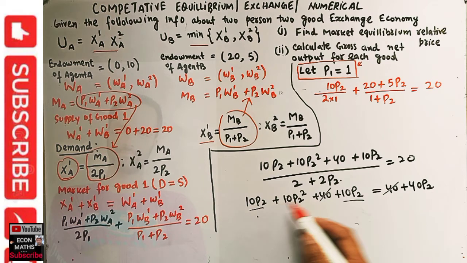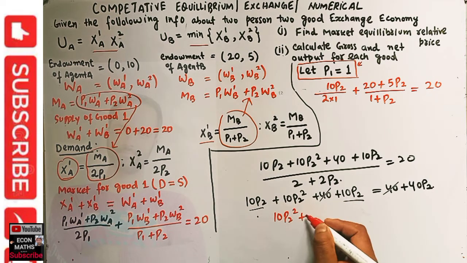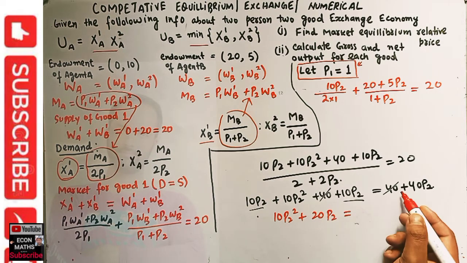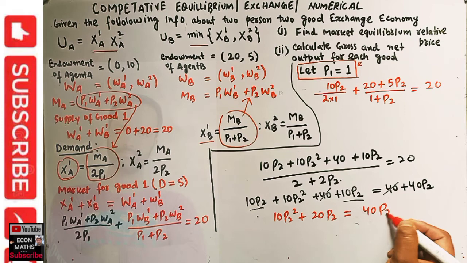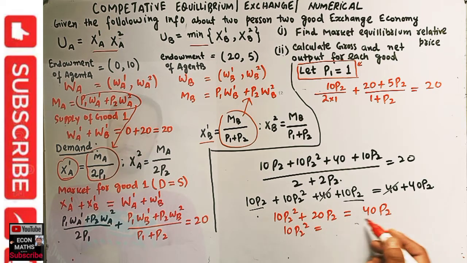We have 10 p2 square plus, adding these two, 20 p2, should be equal to 40 p2. That means 10 p2 square is equal to, transposing this, it will get subtracted, so we get 20 p2.